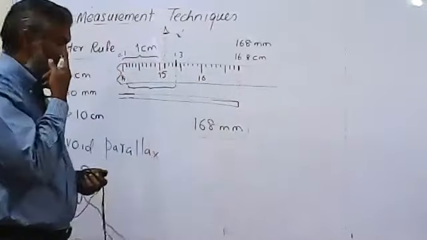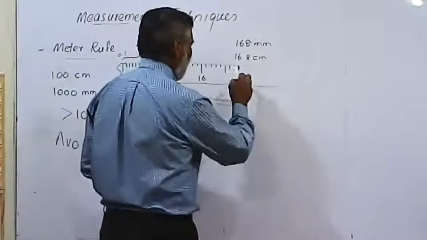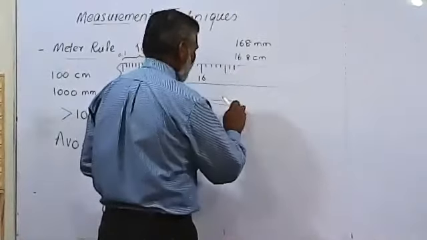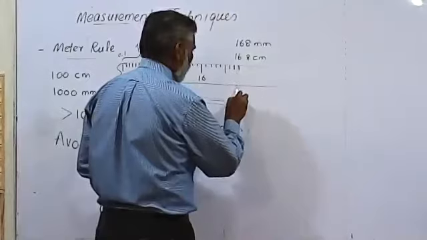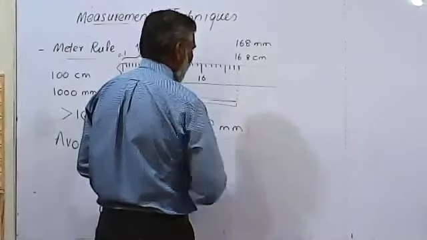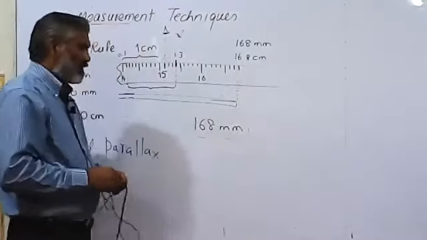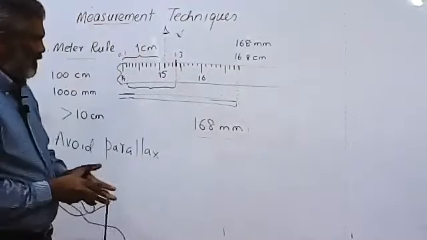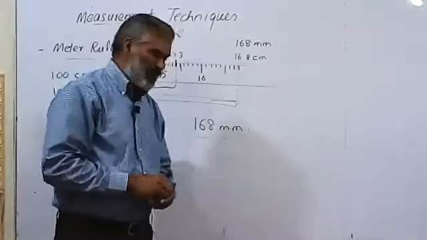We say yes, there is a doubt, because when we place it here, maybe its edge is here between these two, and we read it 168, and in fact it is slightly less than 168. It could also be slightly more than 168.